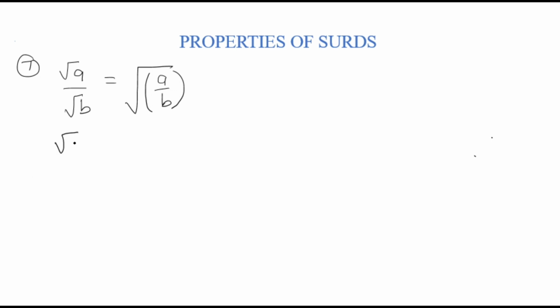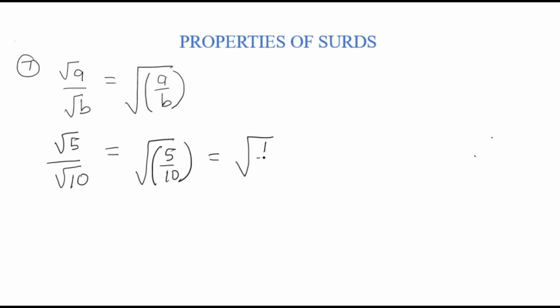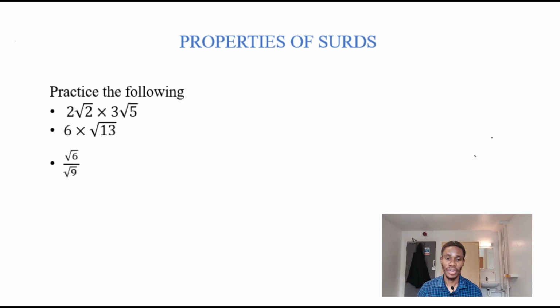Square root of 5 out of square root of 10 is equal to square root of 5 out of 10, equal to square root of 1 out of 2. And that's our final answer.